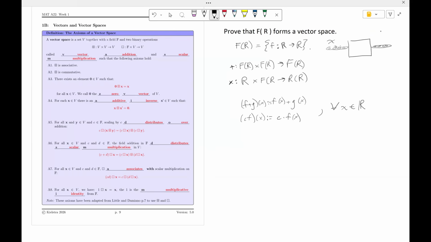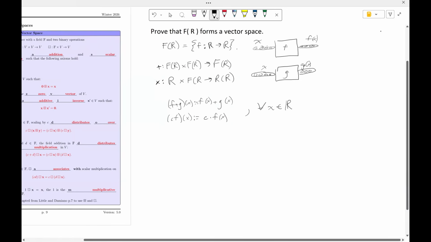You have your x values, and here is your f(x) values, and this box here is f. And let's say I have a function like this, and I have g(x). This is g and this is x.